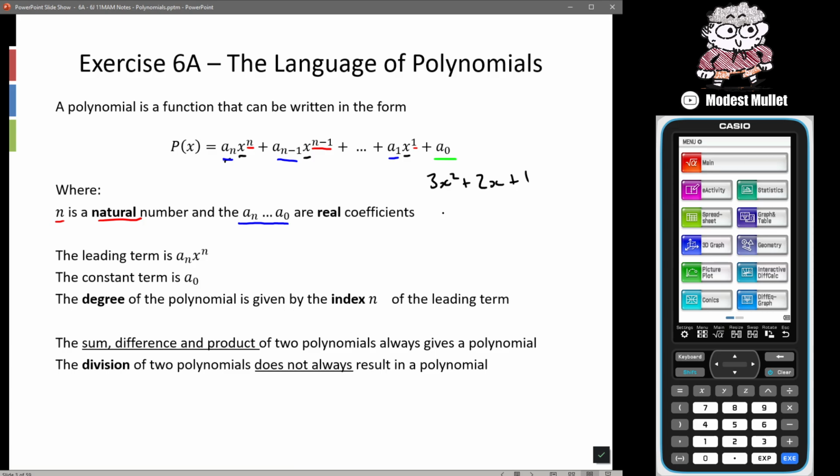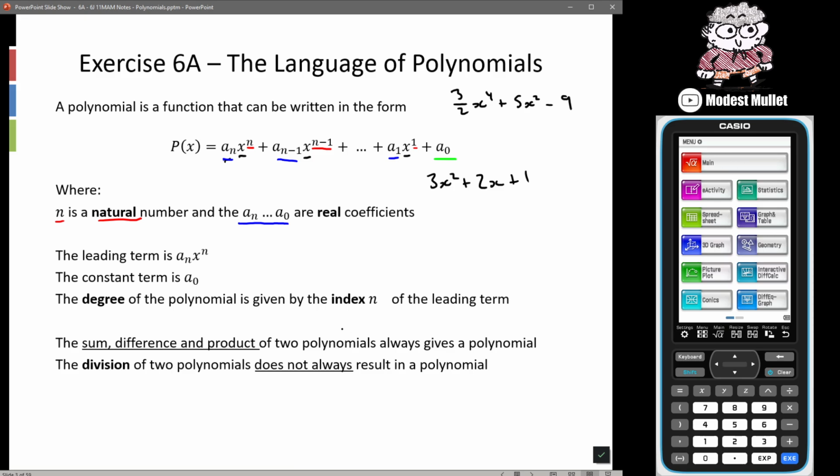Those powers are natural numbers, so positive integers, and they have some coefficients. Another one might also be 3 on 2x to the power of 4 plus 5x squared minus 9. That is also a polynomial. It has some x terms with whole positive powers, and it has some coefficients, and in this case has a constant on the end.